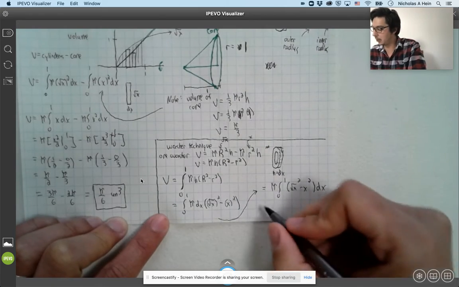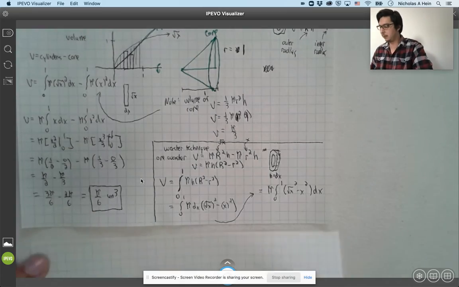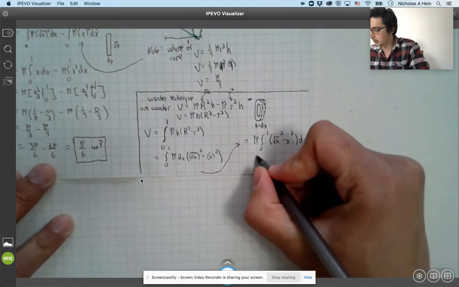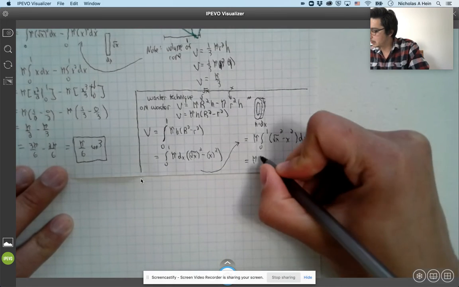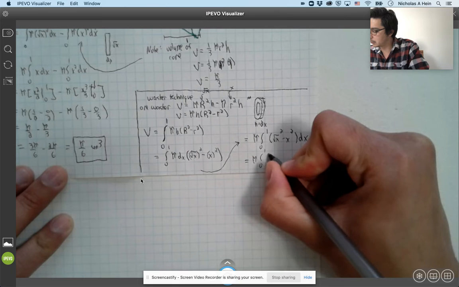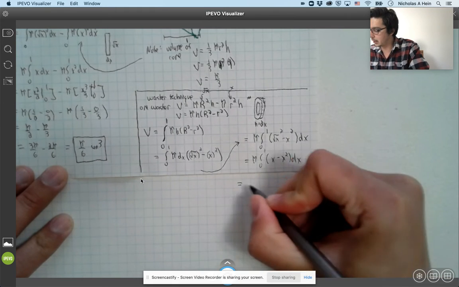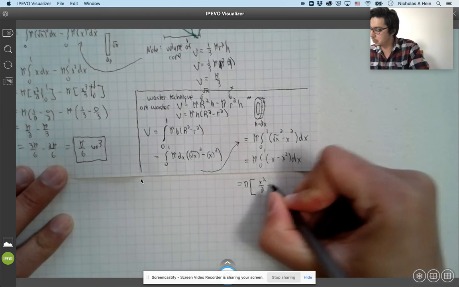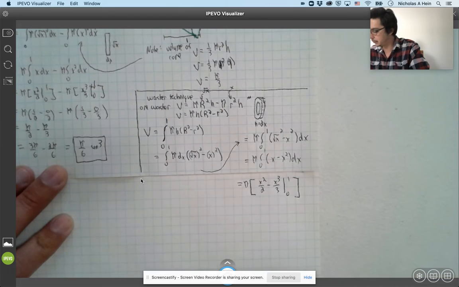Now, doing the math here, we're going to end up getting pi times the integral from 0 to 1 of x minus x squared dx. So calculating this, we'll get pi times the antiderivative, which is x squared over 2 minus x cubed over 3 from 0 to 1.